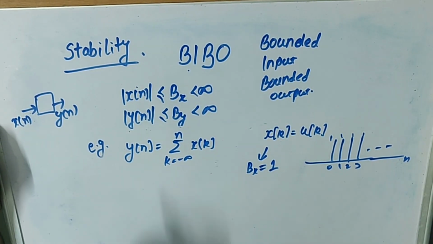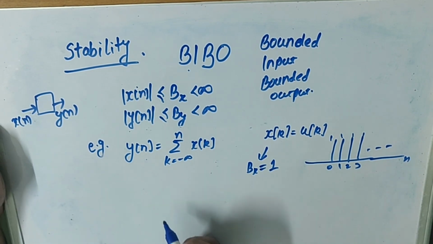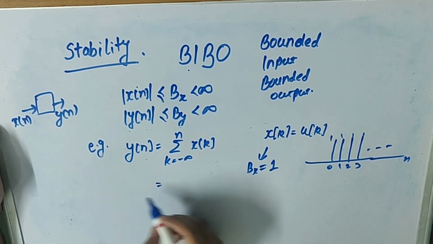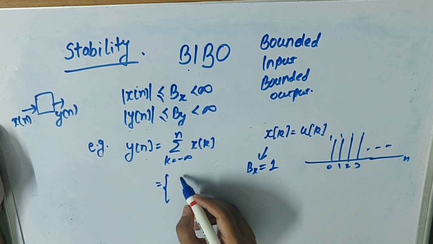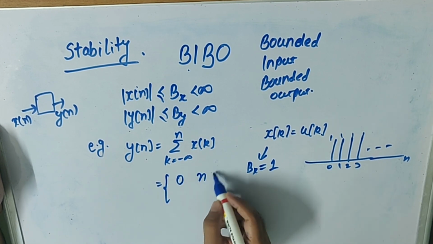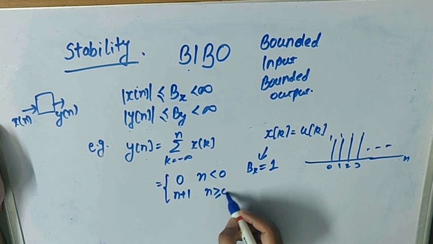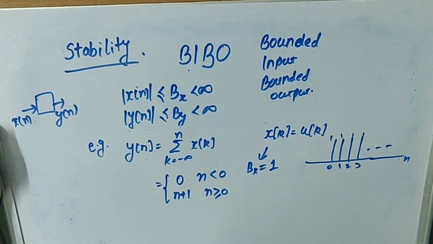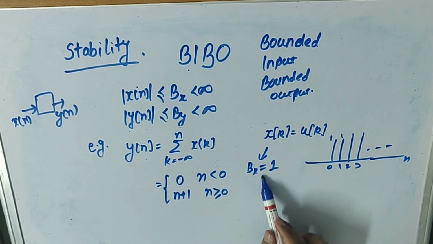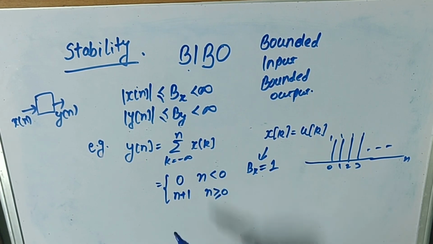Now if we put this in this expression, y[n] we can write as 0 when n is less than 0 and n plus 1 when n is non-negative. Okay, so we know that the input is bounded, so we have to find whether the output is bounded or not.